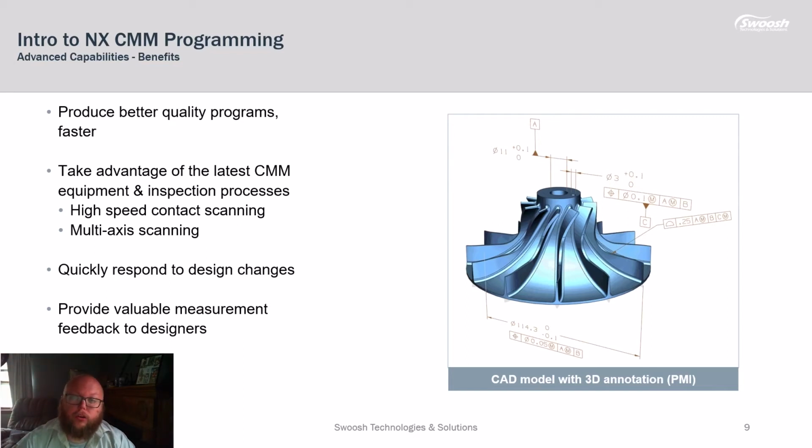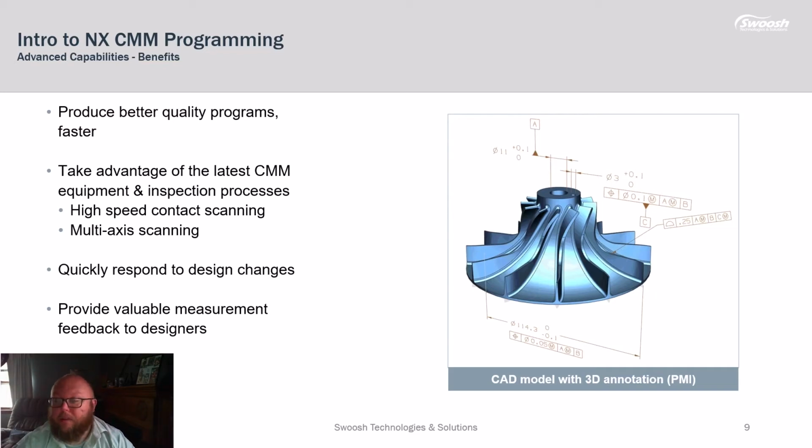And we're going to do that by utilizing our 3D models with embedded product manufacturing information, our PMI data. When we do that, we can automatically link to all of our PMI data. That'll create our features, our tolerances, and really assign how we're going to measure these features on the physical piece of equipment.